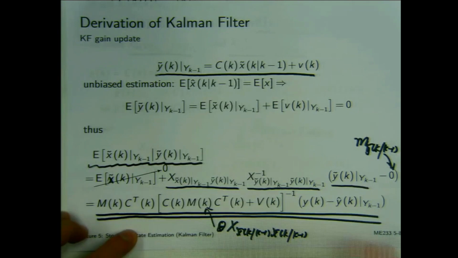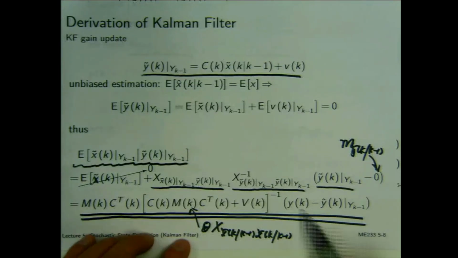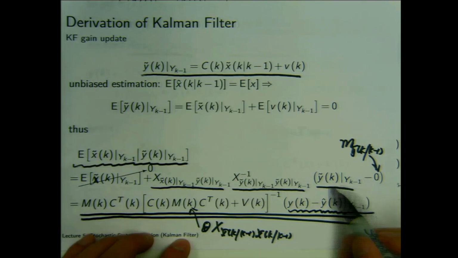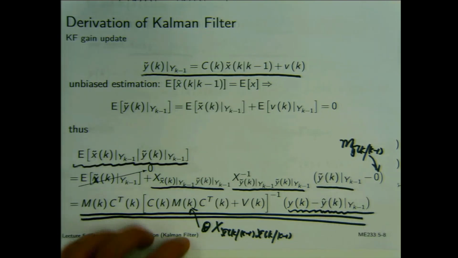Okay? Things make intuitive sense. And finally, this yk minus y hat k is this y tilde term over here. So now we have essentially derived one of the most important equations in the Kalman filter.